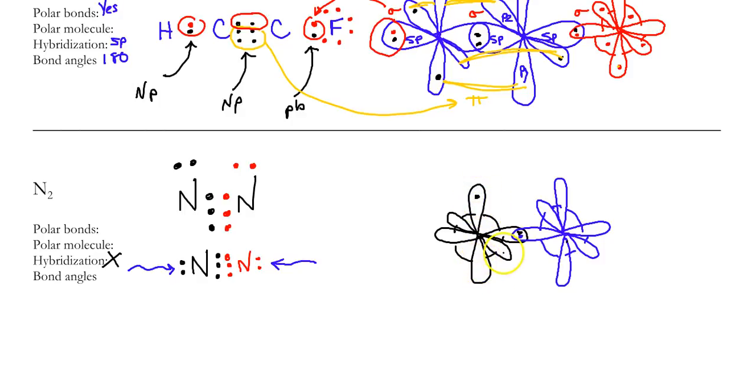Let's do 3, 4, and 5. I put the 2 in the S, and then 2 more, and 1 each in the P's. If you think about that, 1s2, 2s2, 2p3. 5 valence electrons. What's that going to look like? Here's an S, and here are my P's.